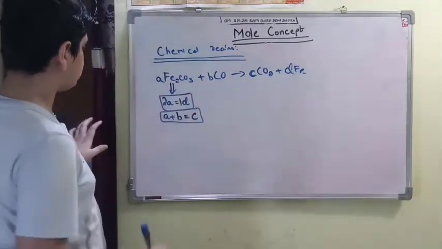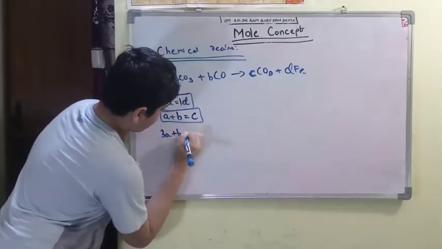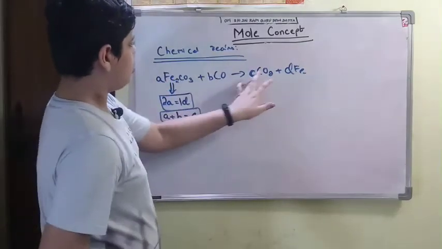Let us move on to oxygen: 3A plus B is equal to 2C.